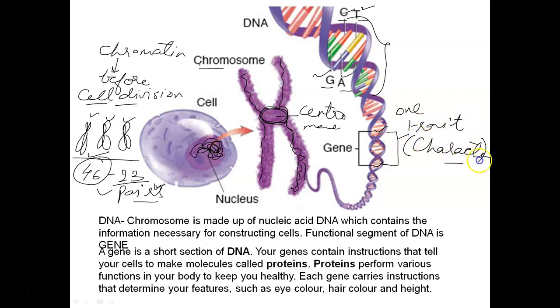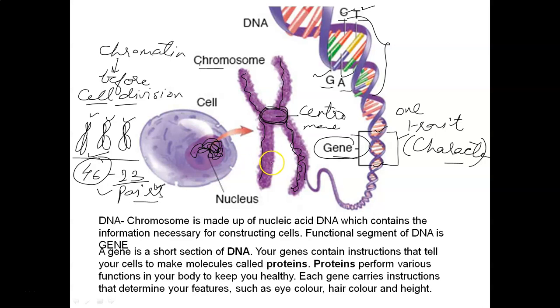So the part of the DNA which is responsible for one trait is known as a gene. What does it mean? I've told you earlier that the nucleus is responsible for storage of hereditary material, and for inheritance of this hereditary material from one generation to another.